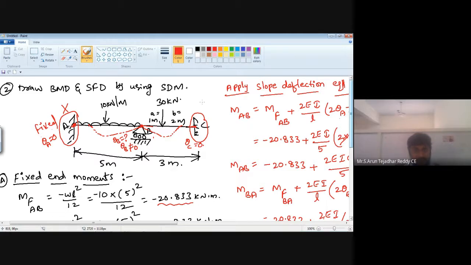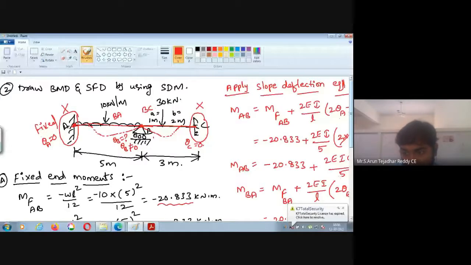So at present I won't consider joint C either. But if I take joint B, I have two members, B to A and B to C. So in the joint equilibrium equation, first of all I will consider joint B, because joint B has two members, BA and BC. If that is not possible, then I will take joint A or joint C. But at present I'll consider joint B.